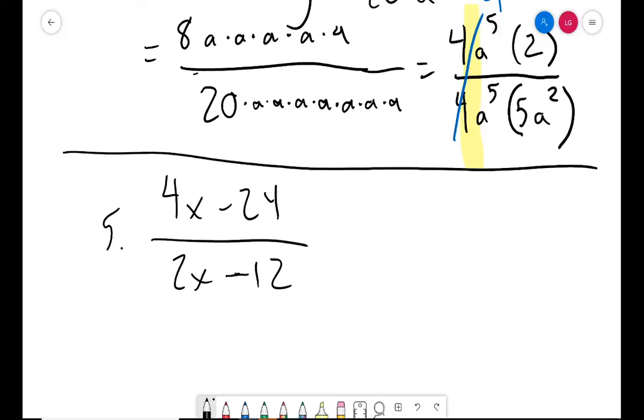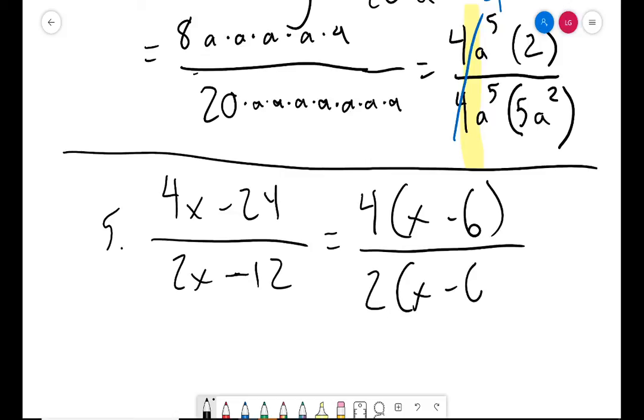Let's simplify that. So sometimes what we get is that the denominator actually divides entirely into the numerator.